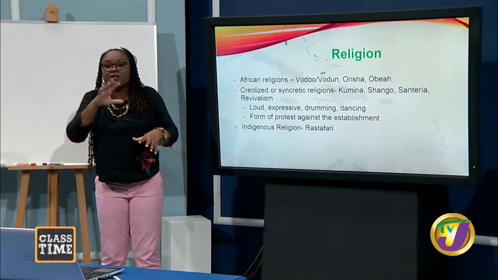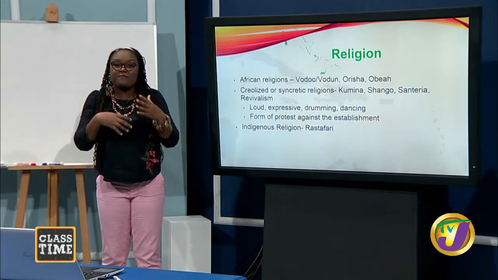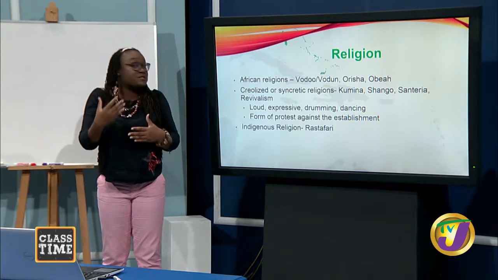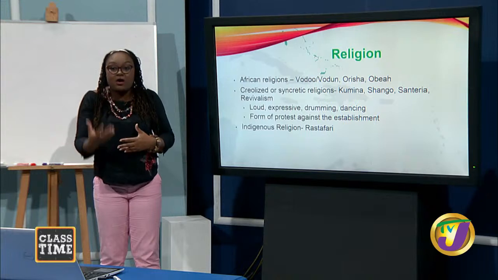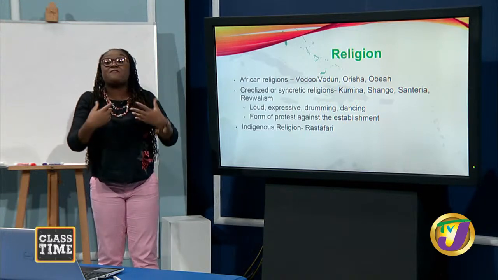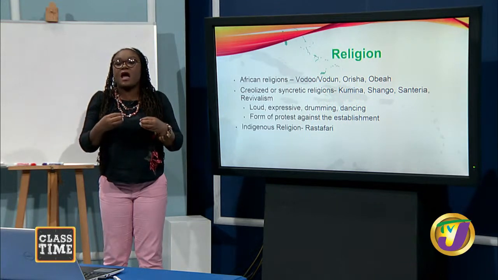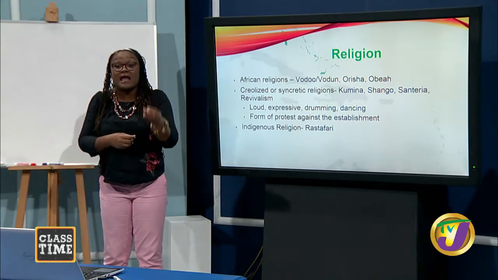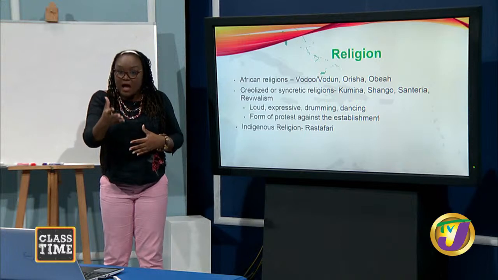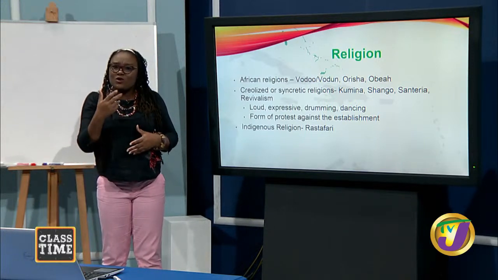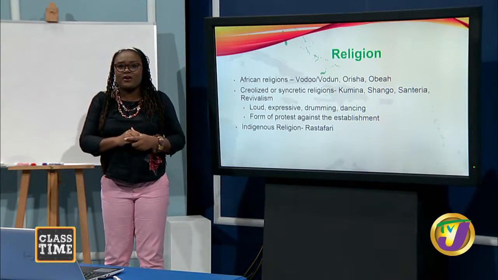It includes a number of African type things, the spiritism and so on. The Shango in Trinidad, revivalism. All of these are what we call syncretic religions because they are mixed with Christianity and African elements. So let us look at this clip here and see if we can pick up some aspects.